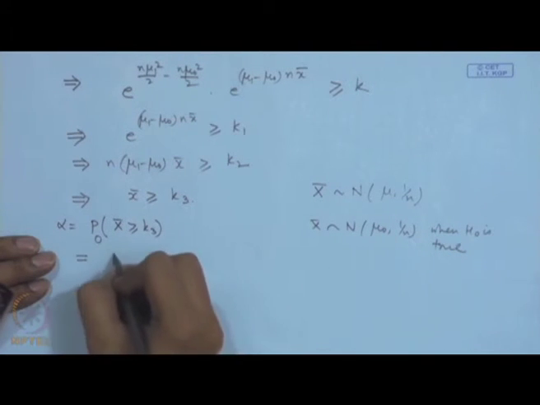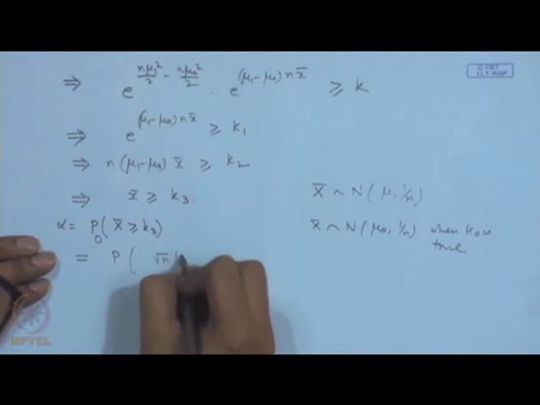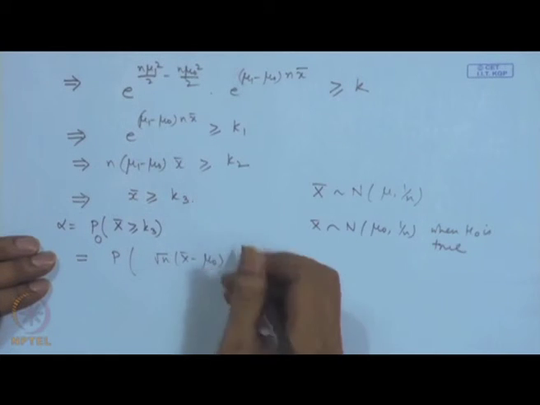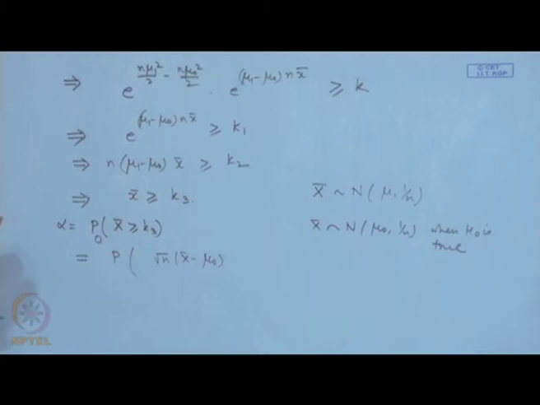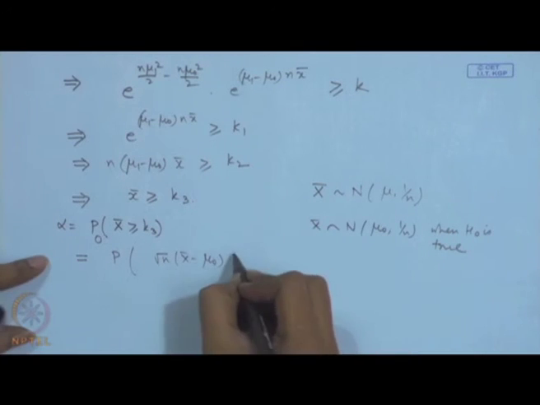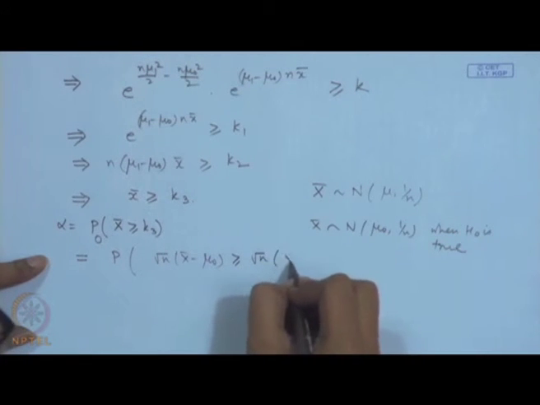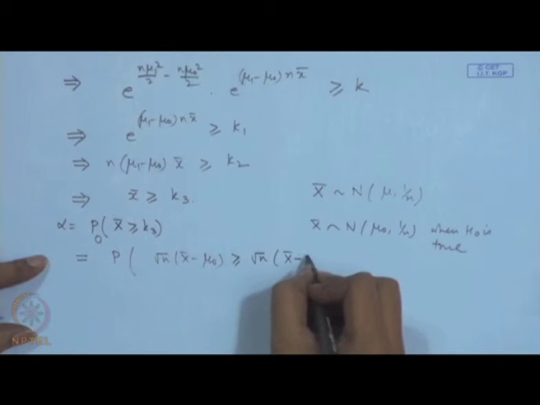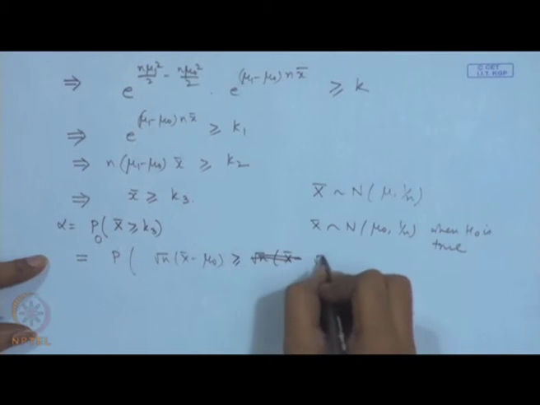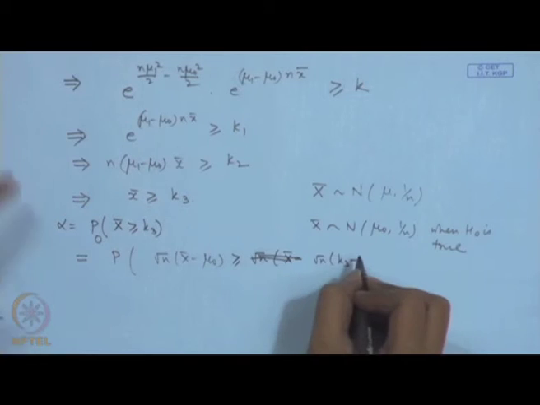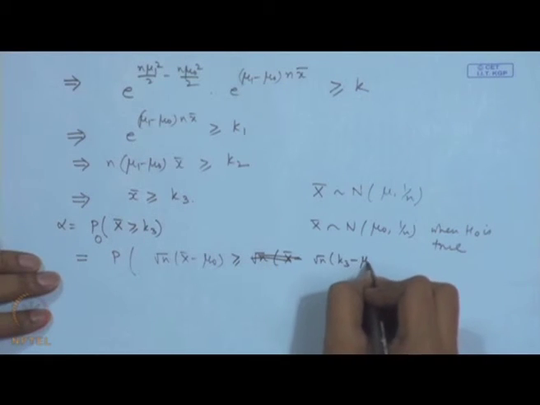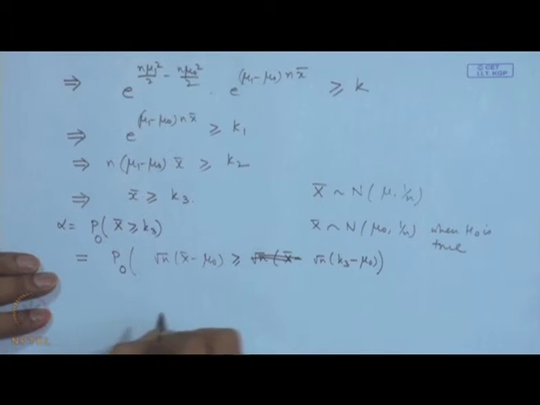So, this can be written as probability root n (x bar minus mu naught) greater than or equal to root n (k 3 minus mu naught), when mu is equal to mu naught.